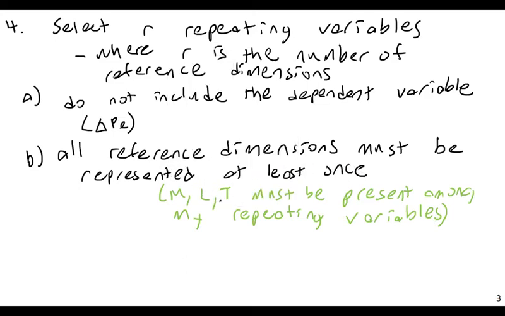And then C, each repeating variable must be dimensionally independent.